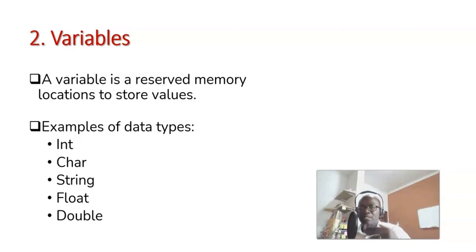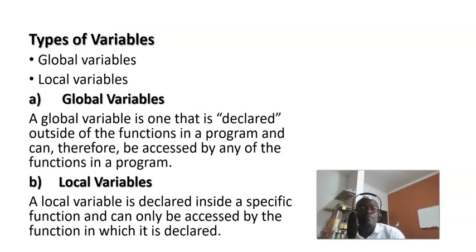You are interested in values that follow after a decimal point. A float has a precision up to a certain point. Double simply means a data type which has more precision, meaning it allows more values after the decimal point. These are what you call data types. Now, let us look at the different categories of variables.